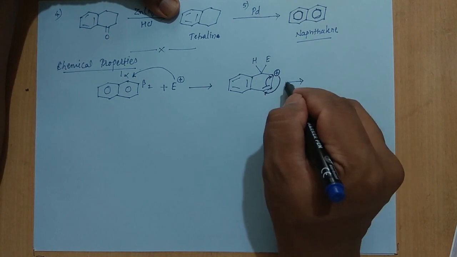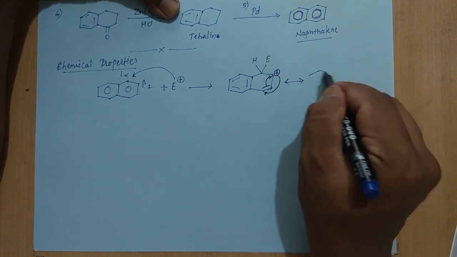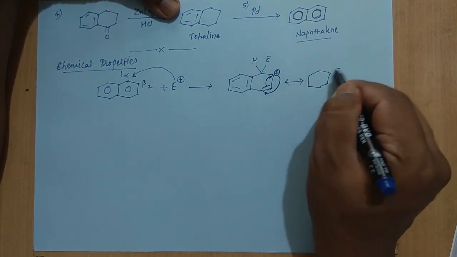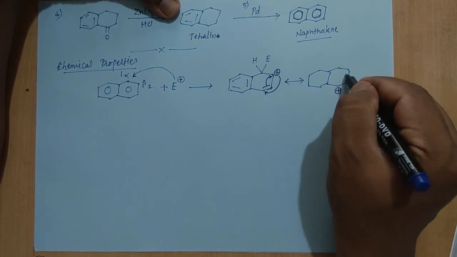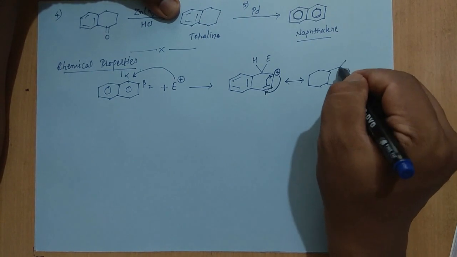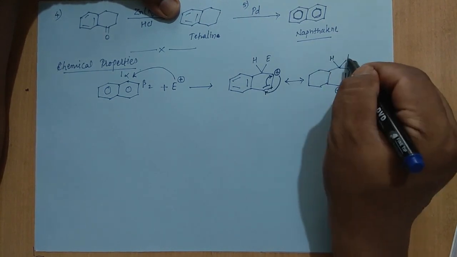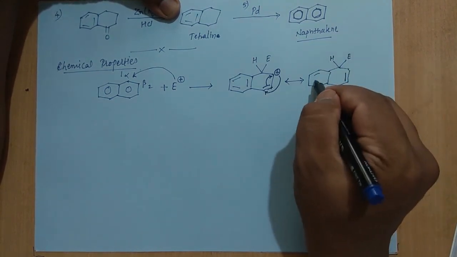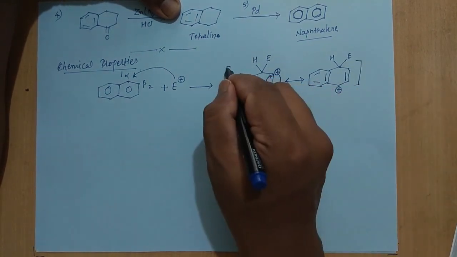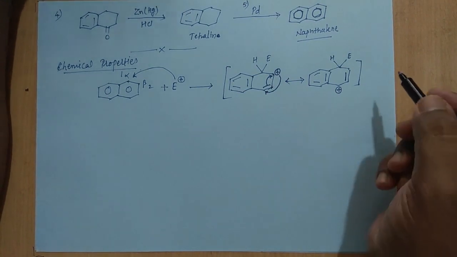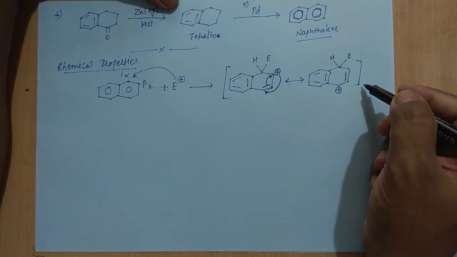So the resonance stabilized structure will be like this. The charge is stabilized in this manner. Double bond will be here and H, and this electrophile will be at these positions. So you can say this is the intermediate structure if attack of electrophile takes place at first position.